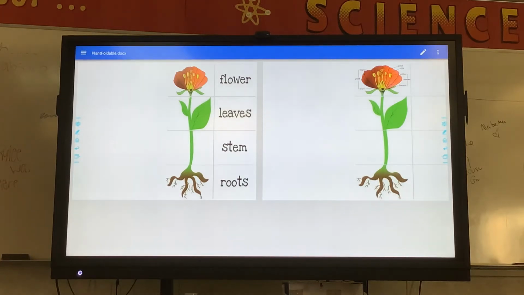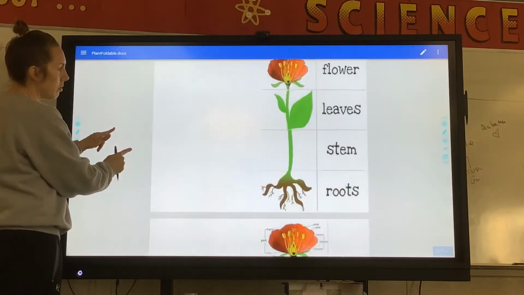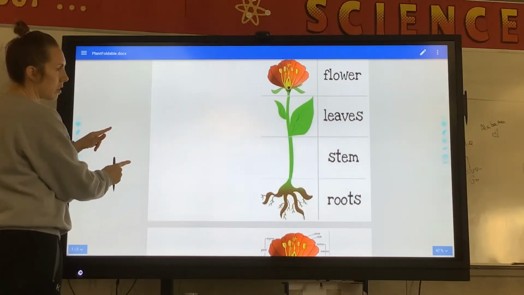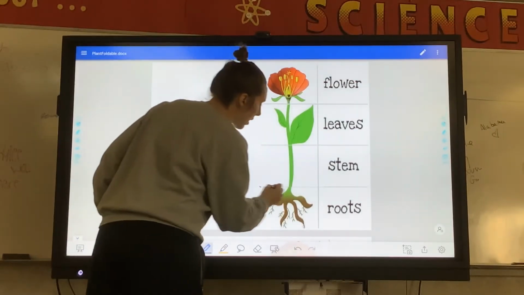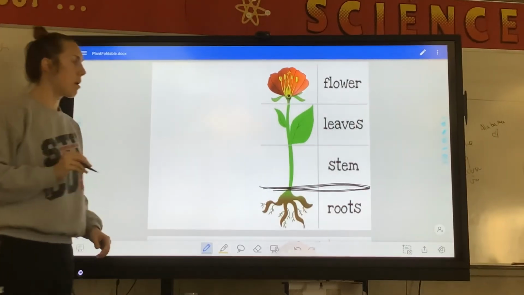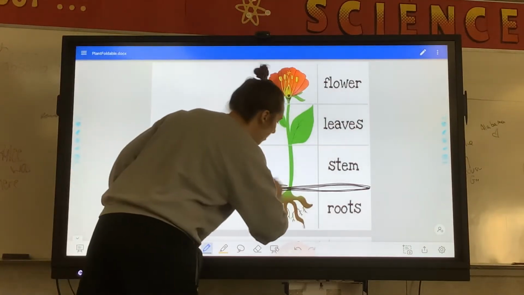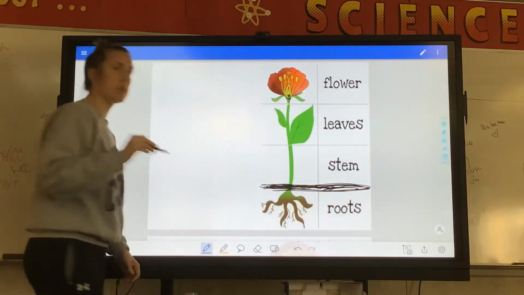On the front of your foldable, we are going to draw a line right here. First, the first slide in our PowerPoint said what? What line am I drawing? The line that separates the what system and the what system?